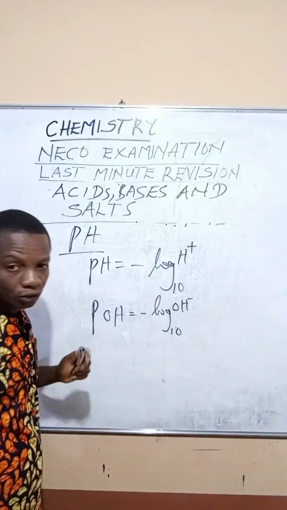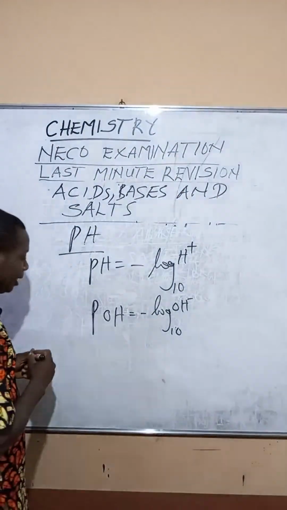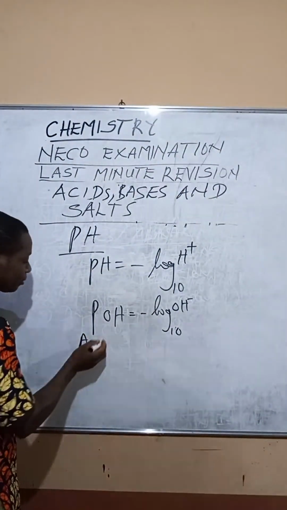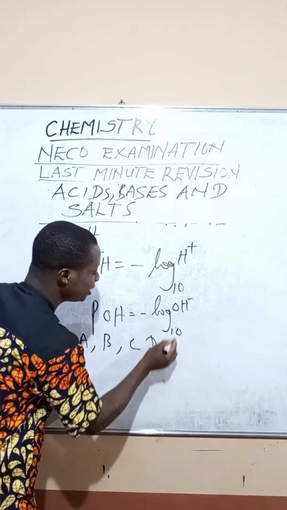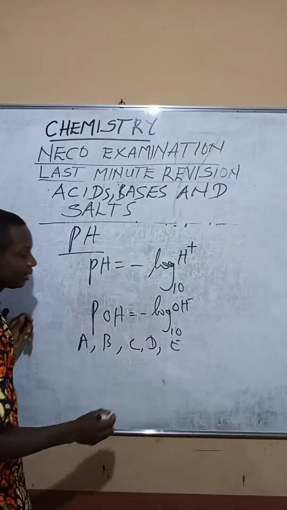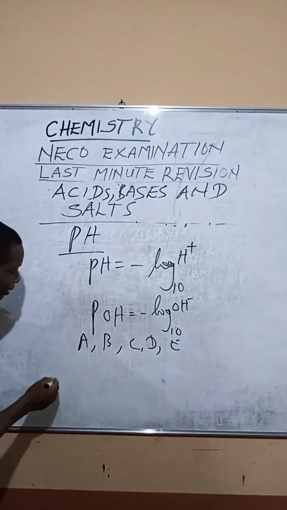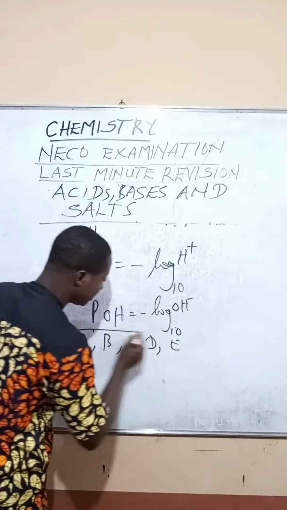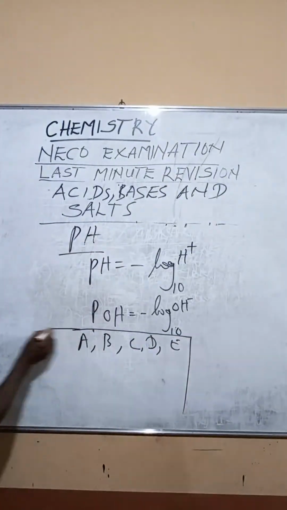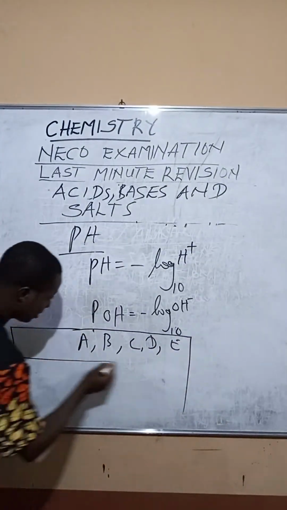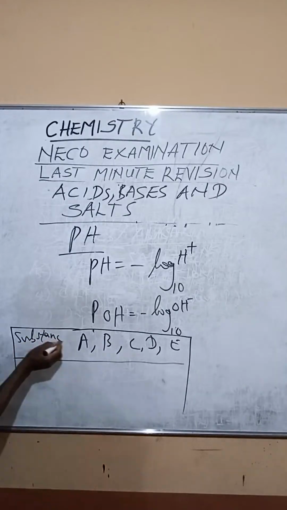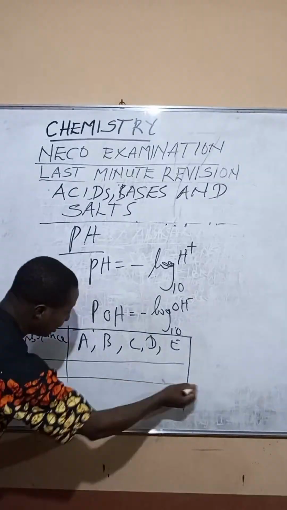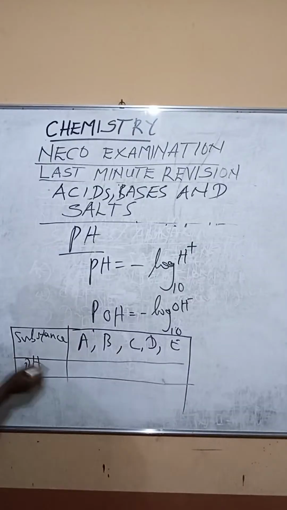Let's say you are given different substances, A, B, C, D, and E. Each of them has a pH.